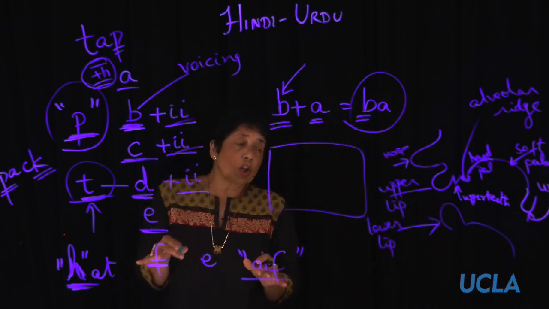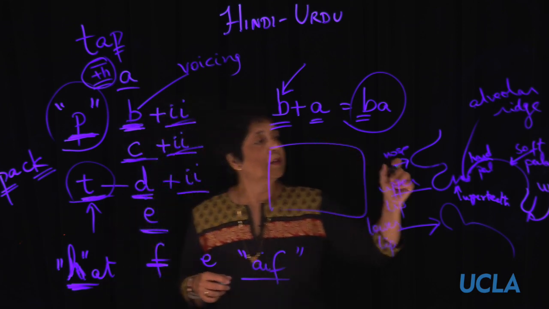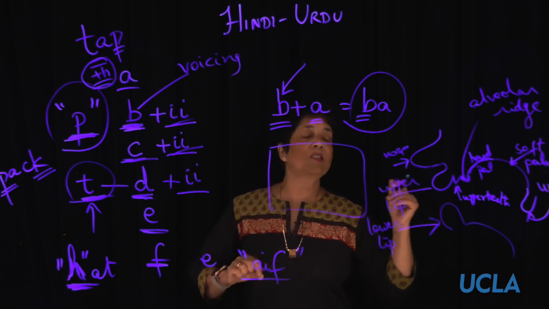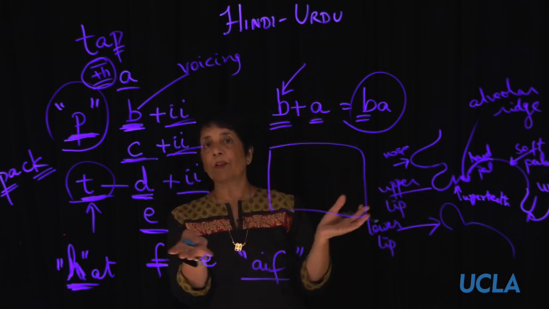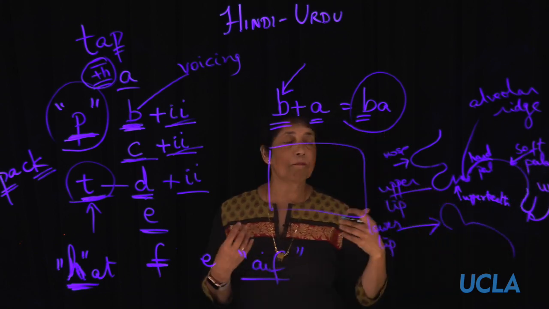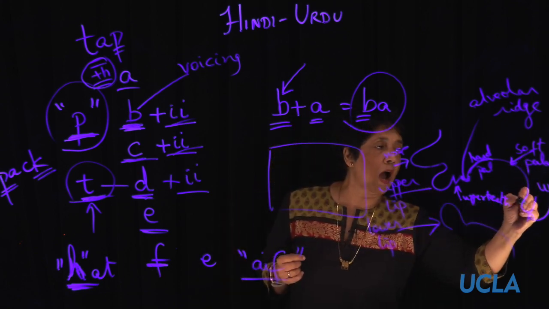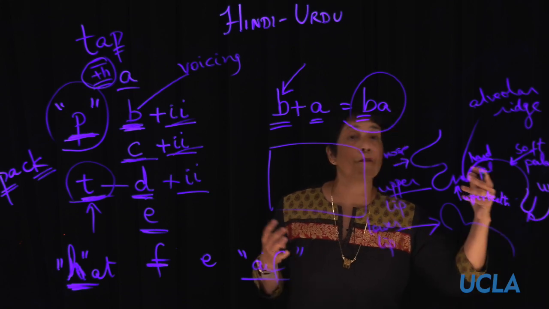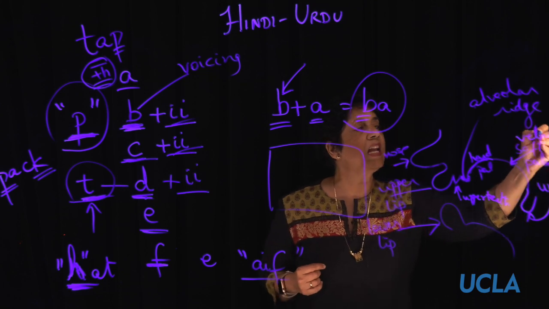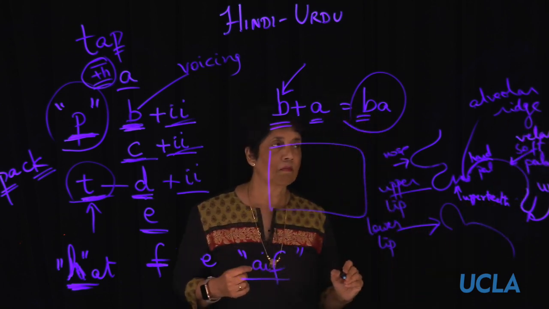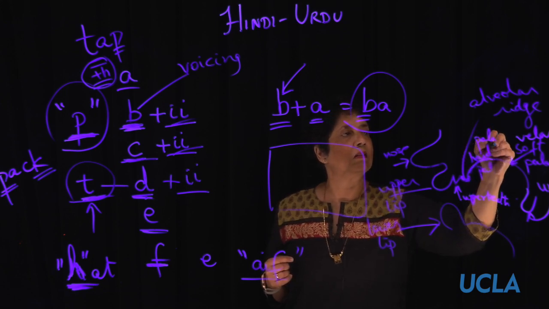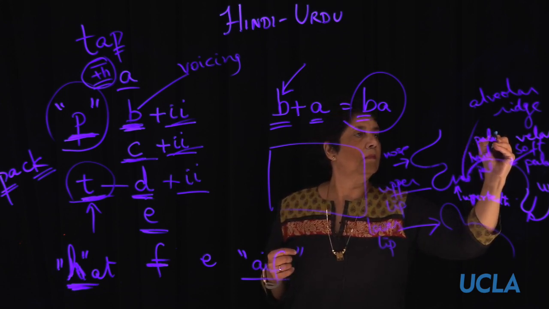And what we're going to do is the place of articulation. When we set up the phonetic grid, we're going to start at the back of the mouth, at the uvular region. The soft palate is called the velar region. The hard palate will be called the palatal region.